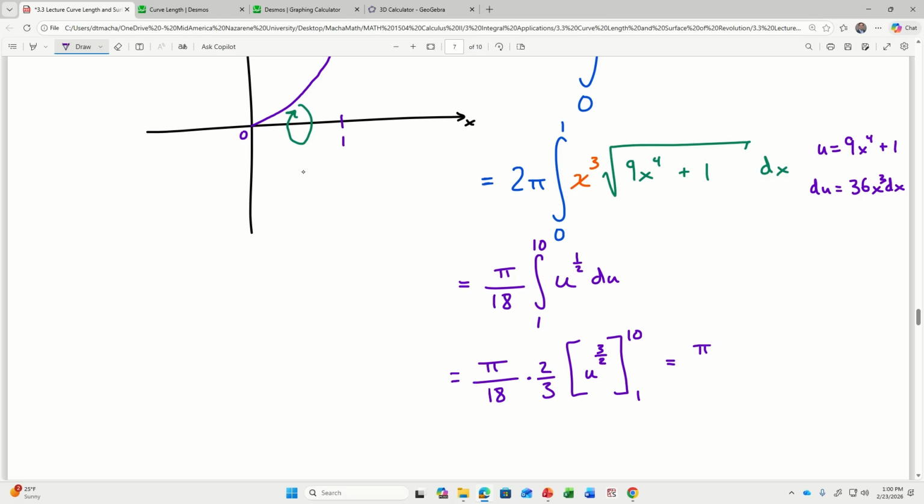So we'll have pi over 27 times 10 to the power 3/2 minus 1.